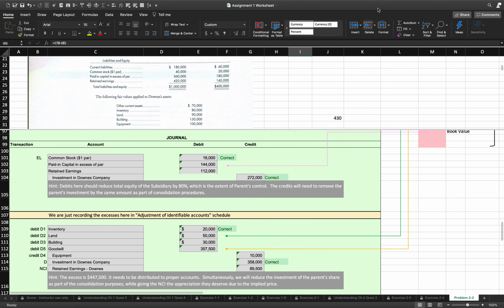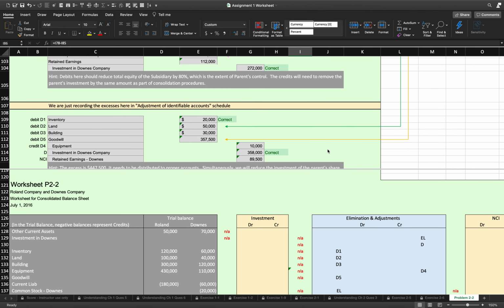Okay, so we have now finished distributing all of these excess amounts to these assets, reduced them when needed, and removed the parent's investment, or the remainder of it rather. So now we've dealt with all $630,000 worth of investment.